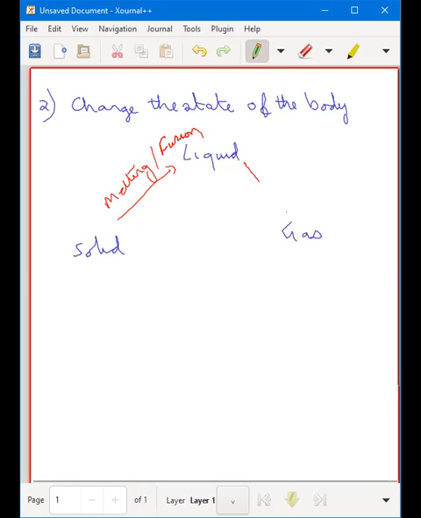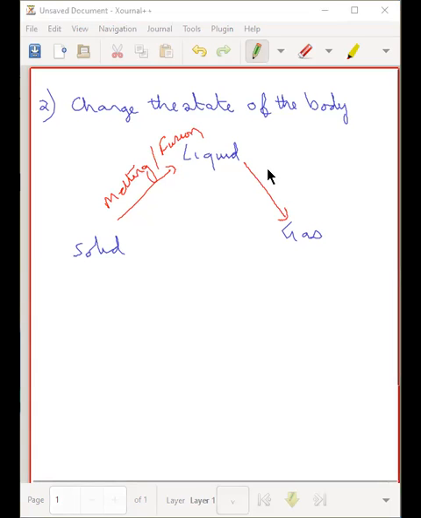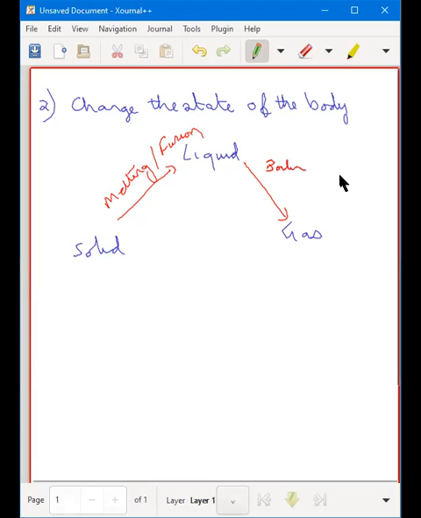Liquid to gas. Boiling. Evaporation? No, evaporation doesn't take place on heating. Evaporation doesn't depend on temperature.